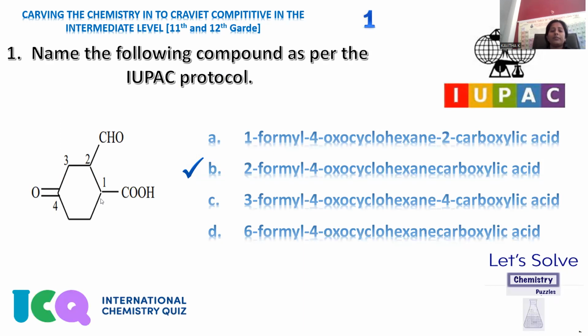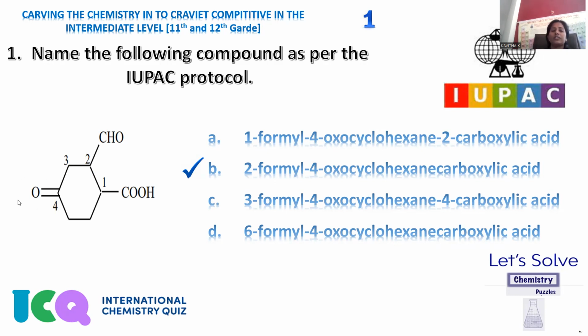Fine. So here, if you see these many functional groups, always remember the highly oxidized carbon is taken as the priority number 1. So the carbon where the carboxylic acid is present gets the number 1 position. Later on, the second carbon is accompanied by the formyl, and on the fourth carbon we have ketone.